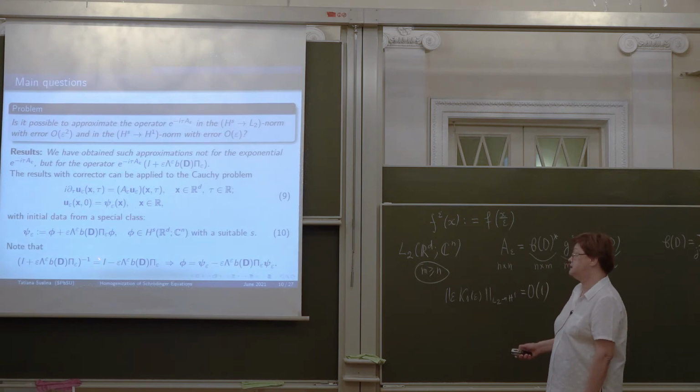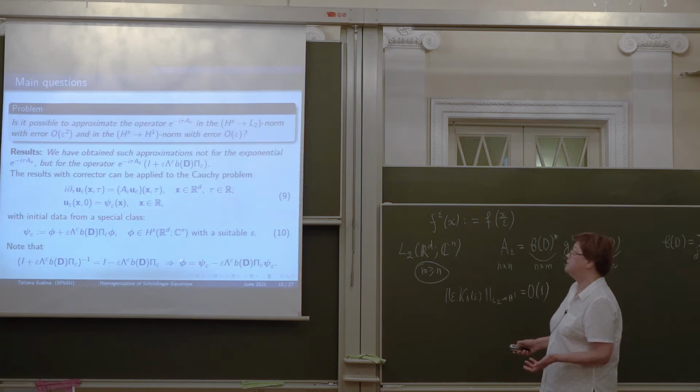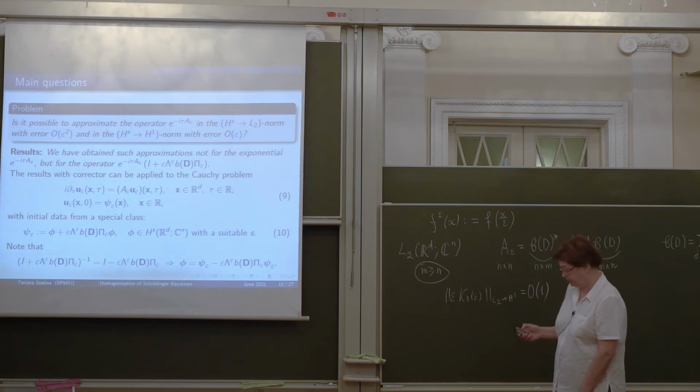The inverse is identity minus this operator. So for a given psi epsilon, we can find the corresponding phi, and we need that phi belongs to H^s.